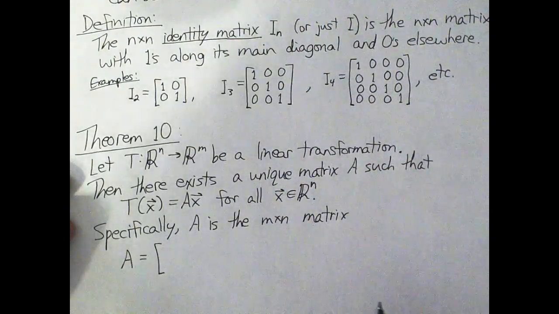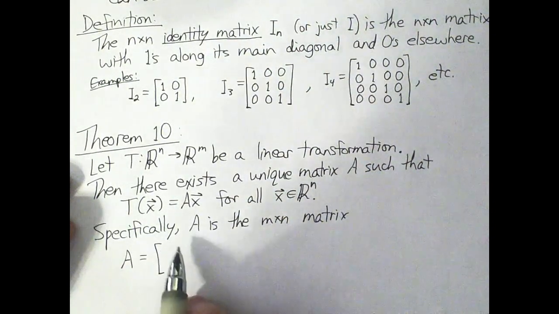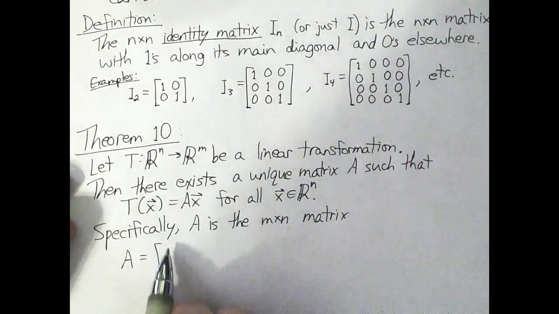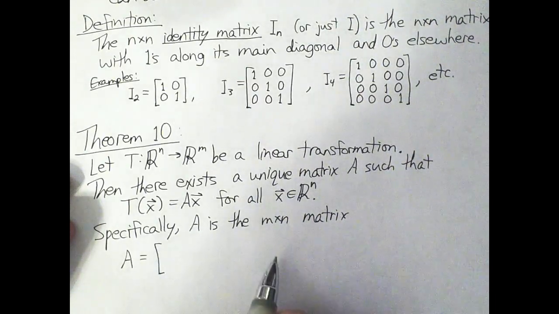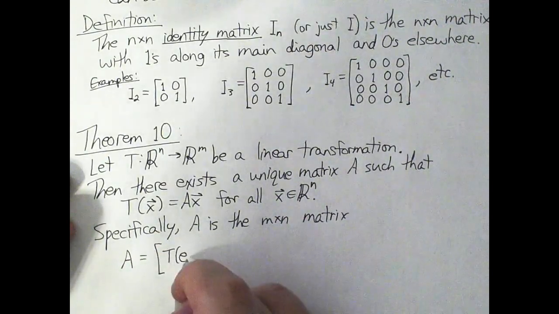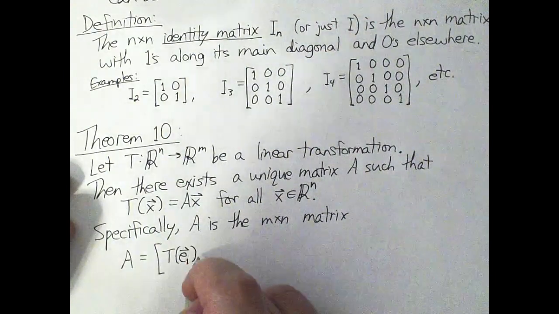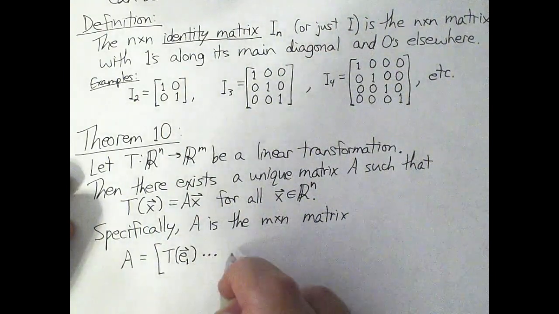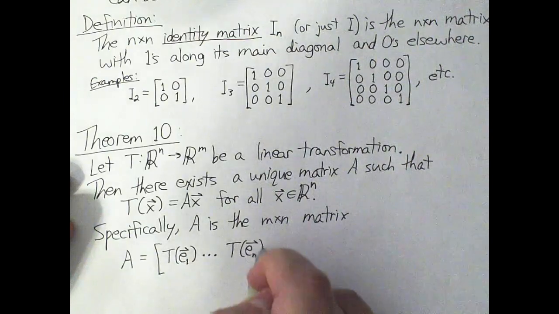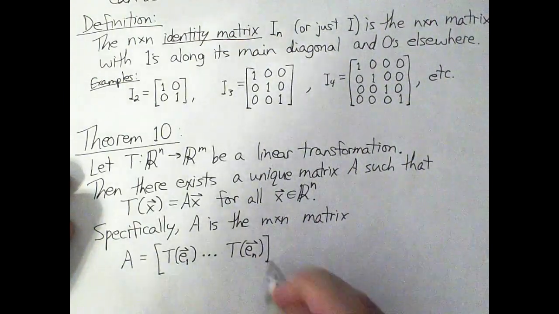We could write a matrix in different ways. Remember that we have sometimes shown matrices by listing column vectors? That's what I'm going to do here. T of e1, dot dot dot, all the way up to T of en. I need to tell you what some of those things mean.